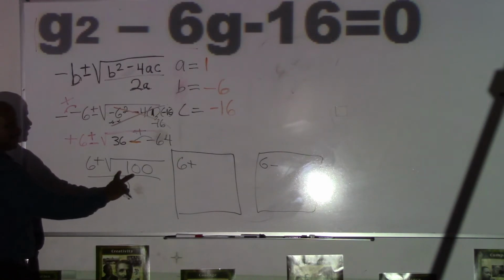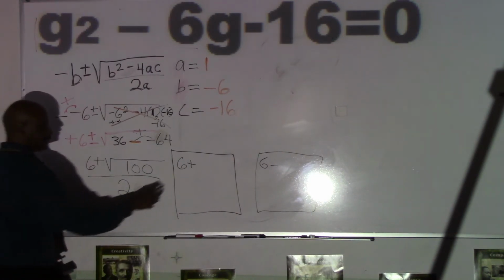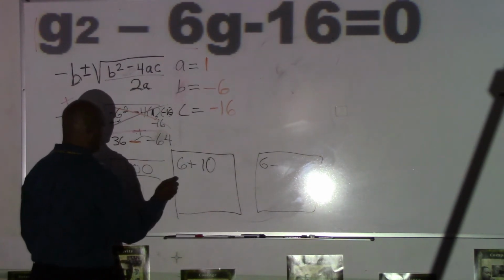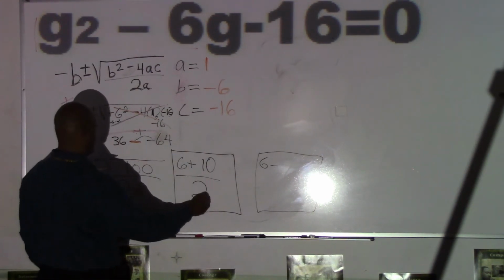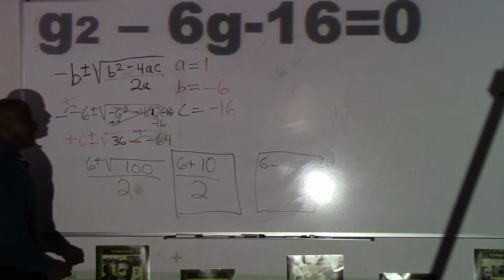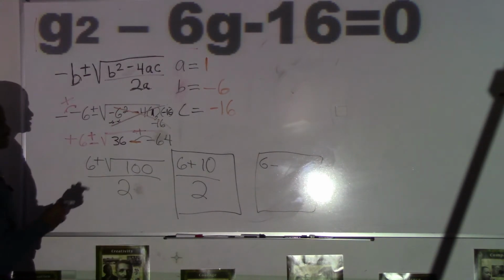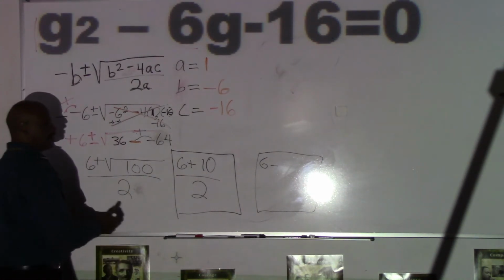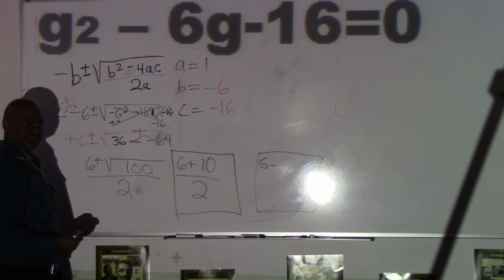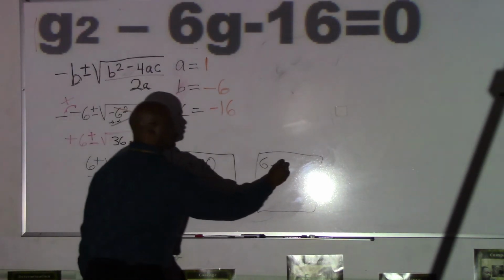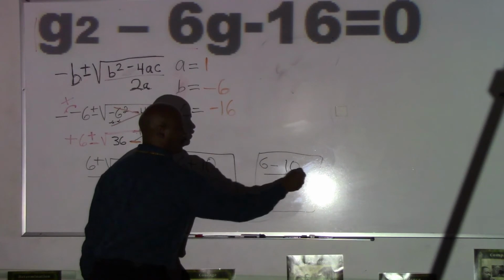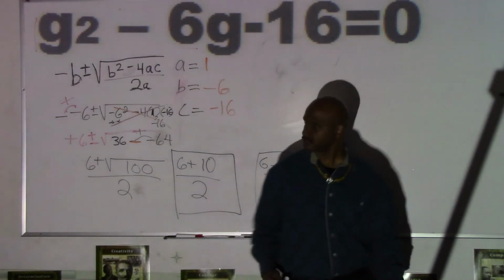What did we say the square root of 100 was? 10. So we put the 10 there, and remember we divide that by 2. Then the next one has 6 minus the square root of 100, which is 10. So minus 10 over 2.